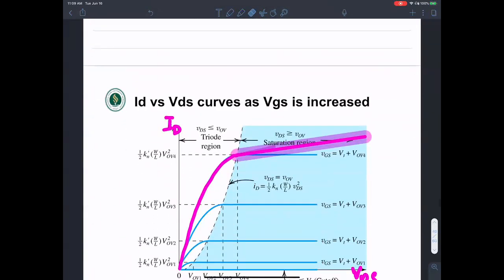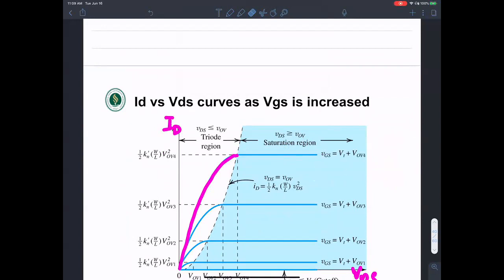This really nice horizontal line was owing to the fact that even when VDS changes in the saturation region, ID does not change. Okay, that was the argument I kept making.